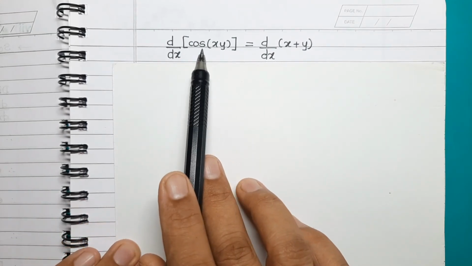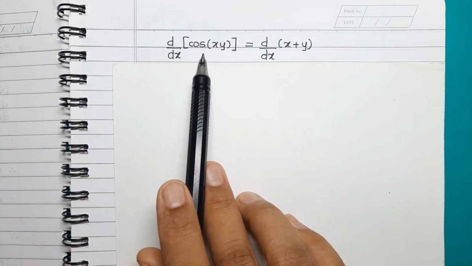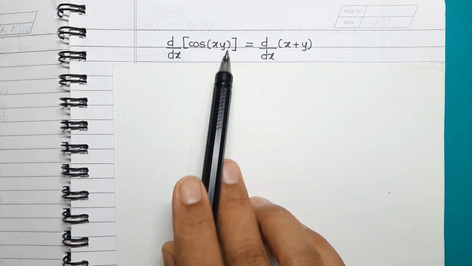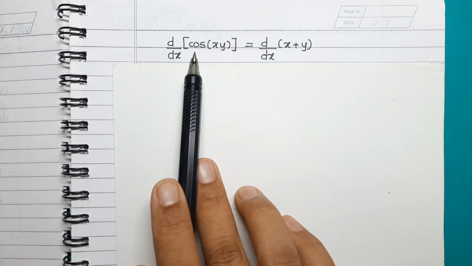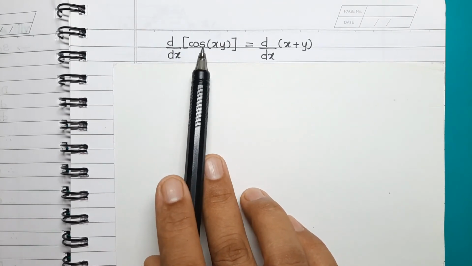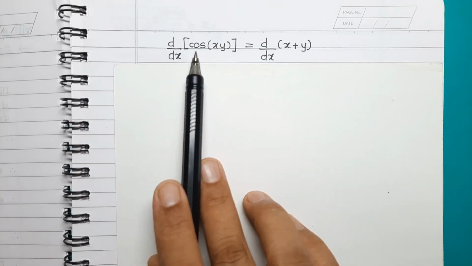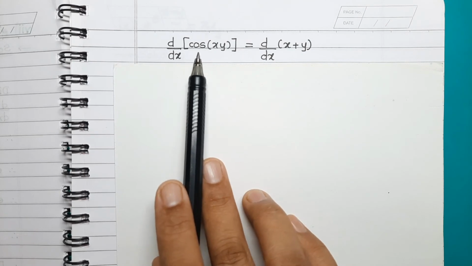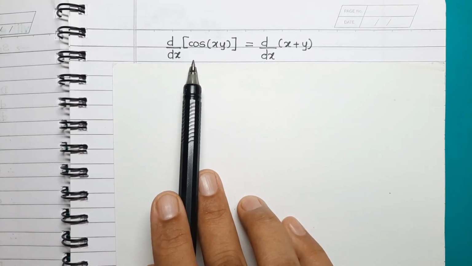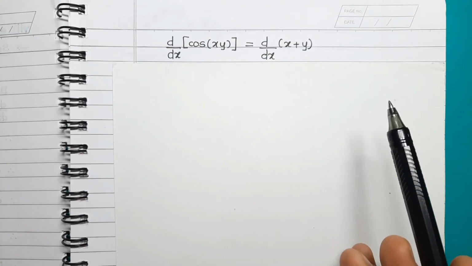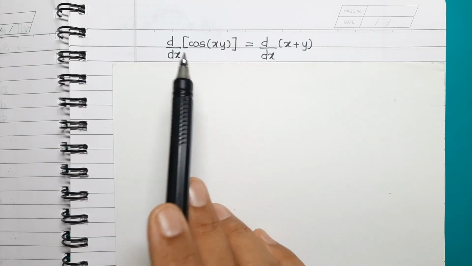Now here you observe that this is a composite function. To find its derivative with respect to x, we have to treat it as cos of something, and we are going to use standard formula for derivative of cos x, which we know is minus sin x.